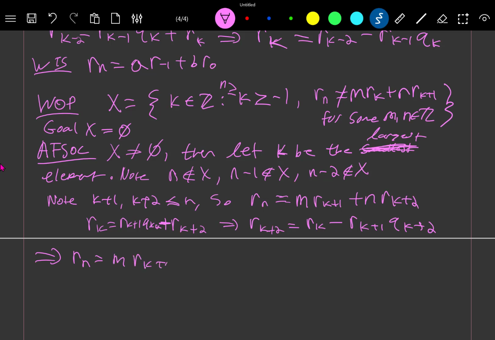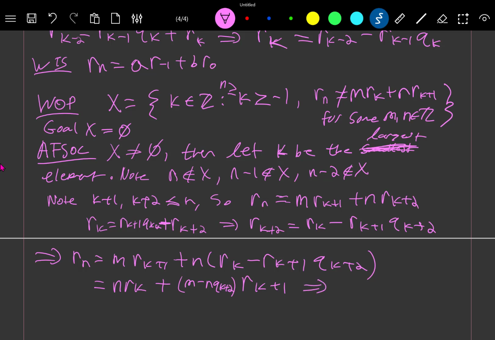m R sub k plus 1 plus n times (R sub k minus R sub k plus 1 Q sub k plus 2), and just rearranging terms, this is n times R sub k plus R sub k plus 1 times (m minus n Q sub k plus 2).